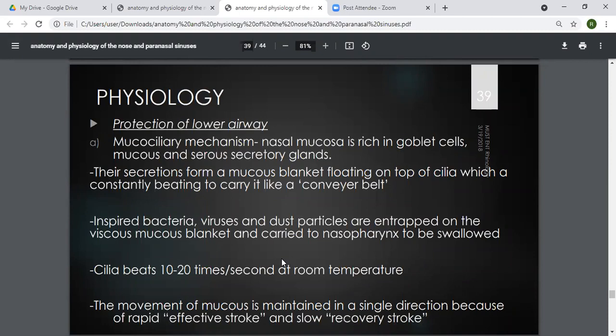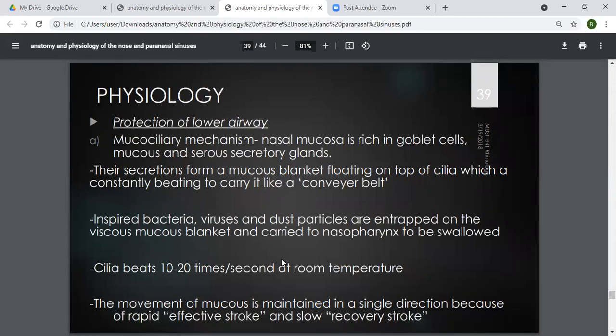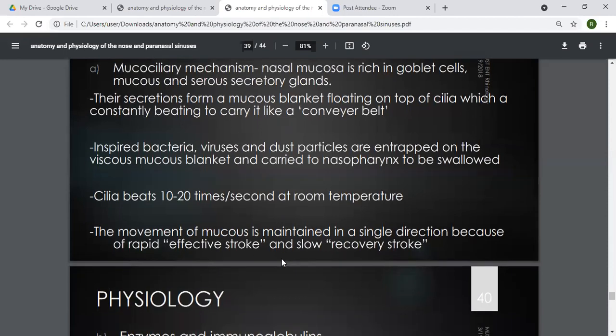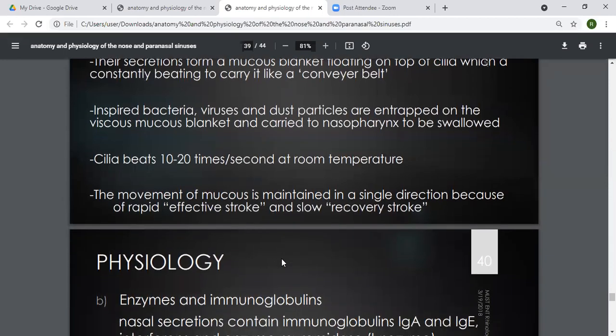What aids this movement is the cilia that beat around 10 to 20 times per second, and this is at room temperature. The movement is usually in one direction. The effective stroke is usually in one direction. That also determines the direction of the mucus as the cilia move.